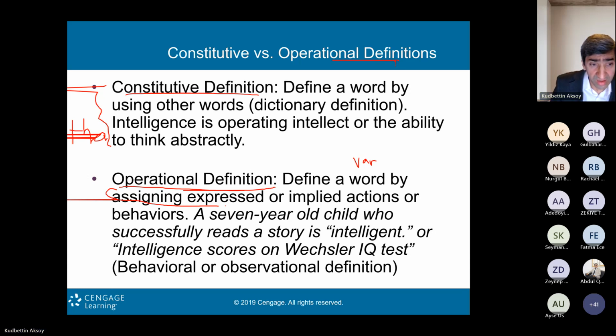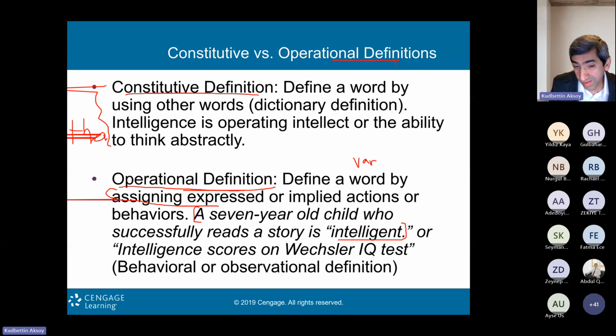Example, we want to define intelligence operationally. We could say a 7-year-old child who successfully reads a story is intelligent. In this case, your variable is a categorical variable, intelligent, non-intelligent, 1 and 0, dichotomous. And your definition is, if a 7-year-old can read a story, you call them intelligent.